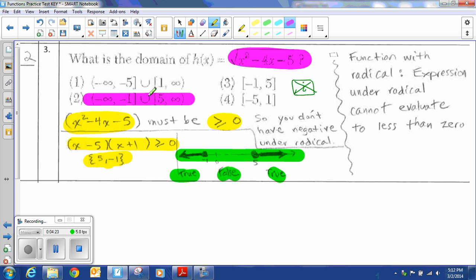The U basically means union, so it means all these numbers and all of these numbers. And 5 up to positive infinity is shown here on the number line. This is a filled-in dot, and that's why we have the square bracket here.